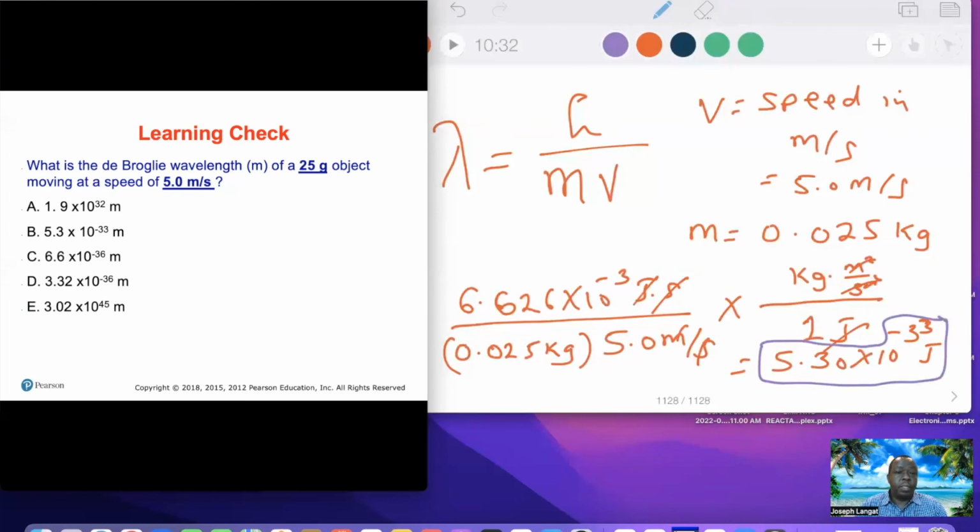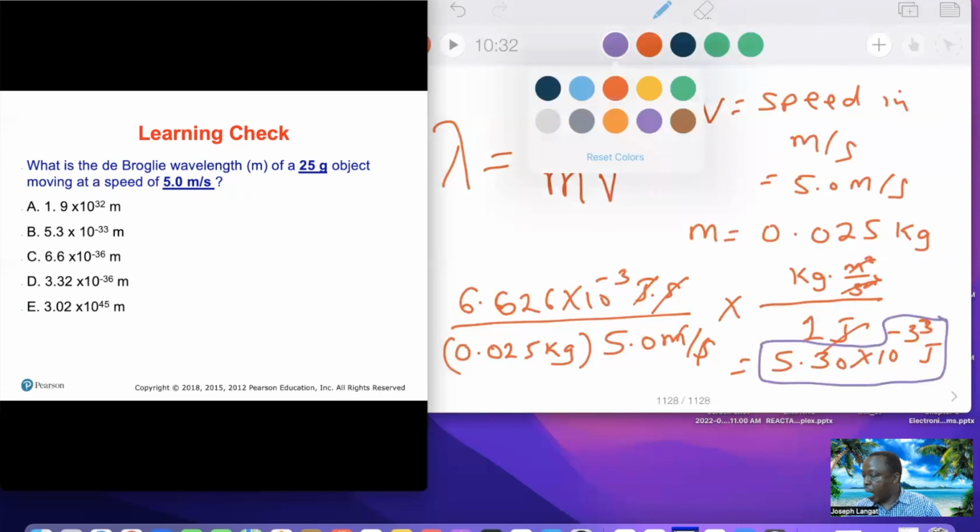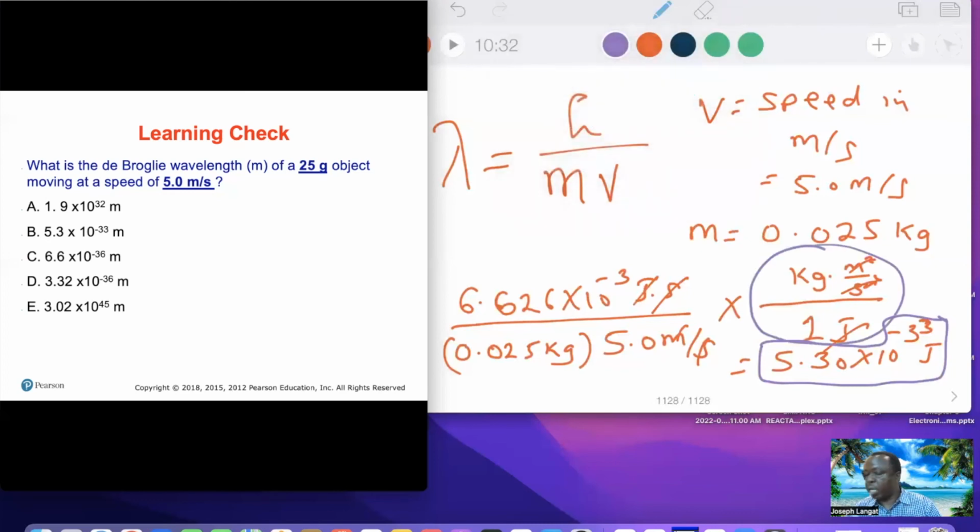You may see in the exam, calculate the wavelength of a baseball, a plane or any object, but you'll be given other parameters, of course. But remember to change the mass always to kilogram. Change the speed always to meters per second before you reconcile. And this last conversion factor here is so that you remain with the correct units.